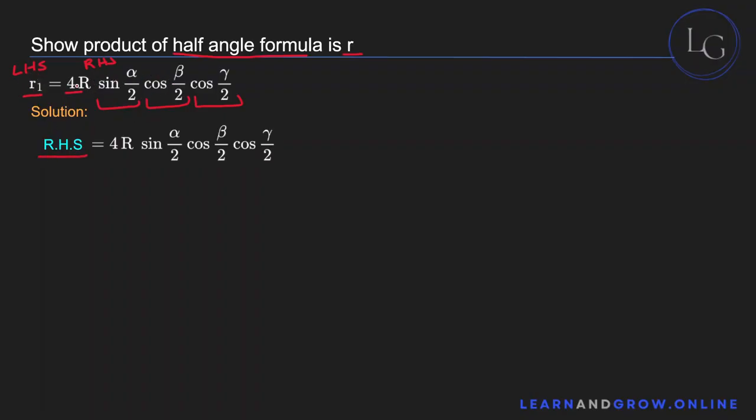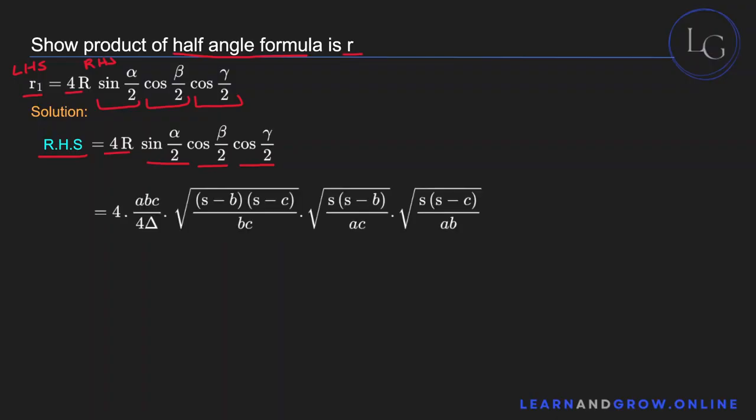So we take the right hand side and let's see how it eventually converts into the left hand expression, which is R1. So 4R into these trigonometric functions.